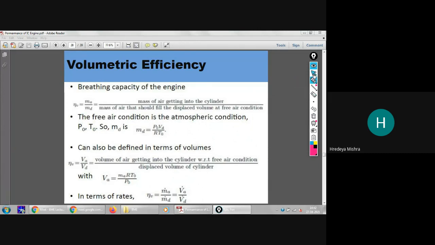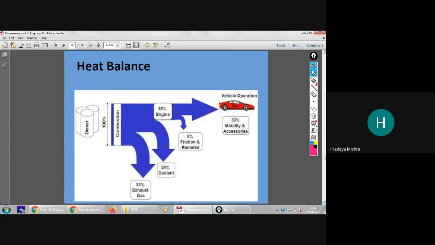So heat balance. This is your vehicle, 33% mobility and accessories. Here is the diesel. Now combustion is there, so 38% is utilized for the vehicle operation, 5% friction and related, 24% coolant and 33% exhaust gases.